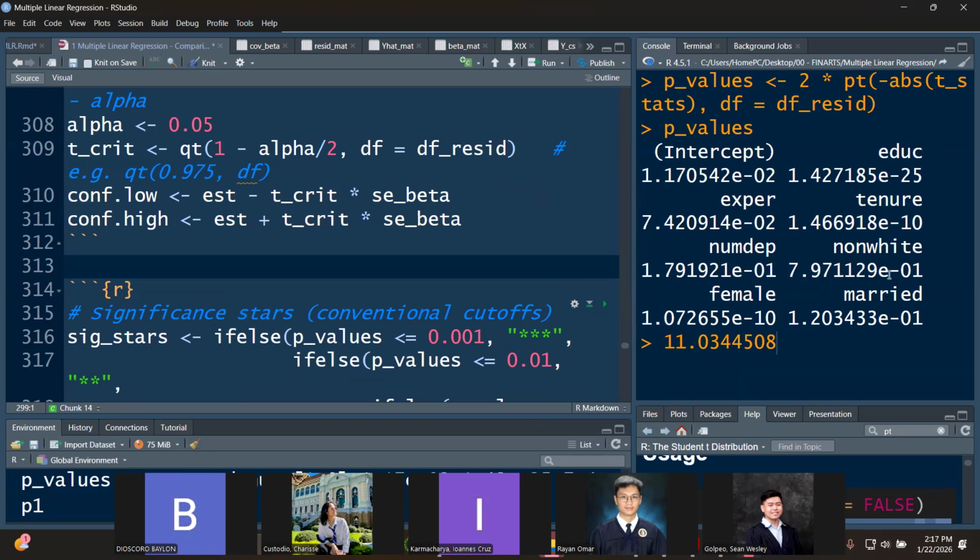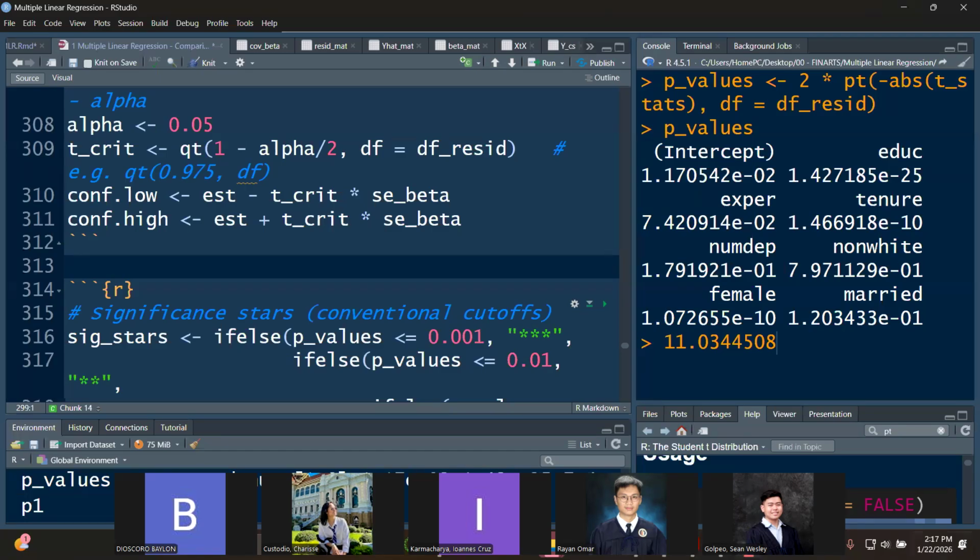Okay? Si non-white, hindi. Kasi the p-value is 10 to the negative 1 lang ito, move one place to the left, that's 0.79. No? So that means the p-value of non-white is very much higher than 0.05. Therefore, the parameter non-white is not significant.